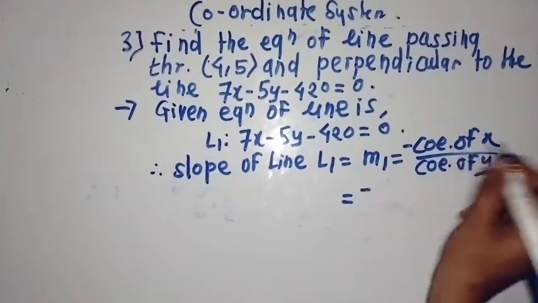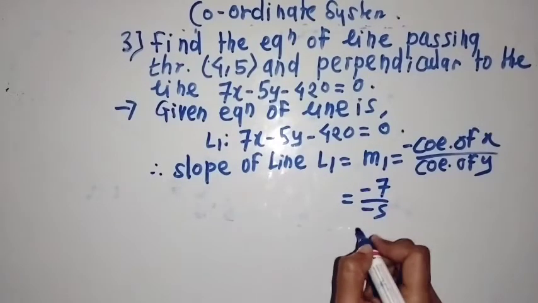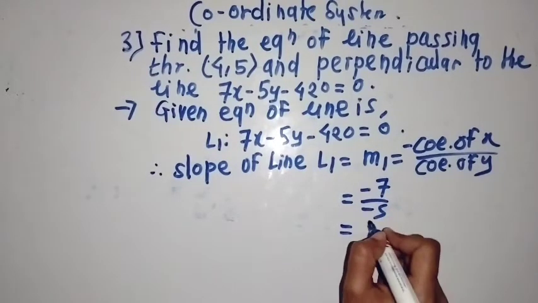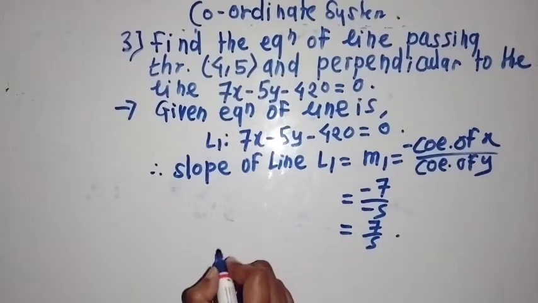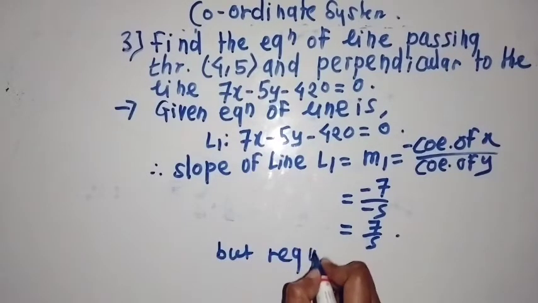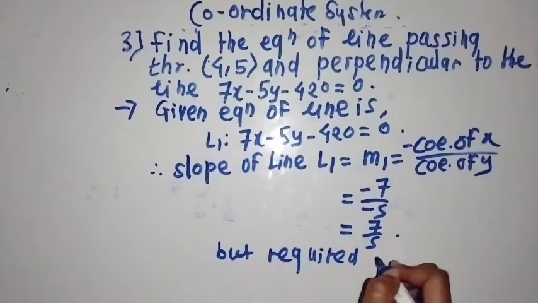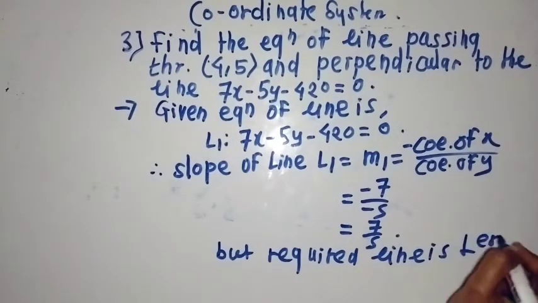Here the coefficient of x is 7, so minus 7 upon minus 5 is equal to 7 upon 5. But the required line is perpendicular to the given line.